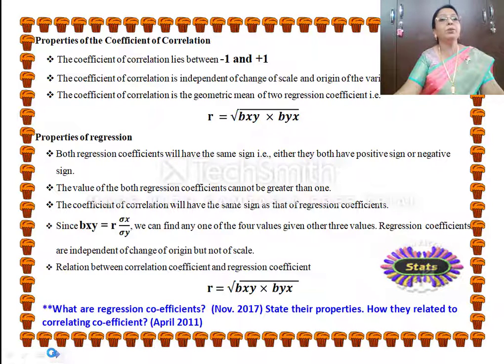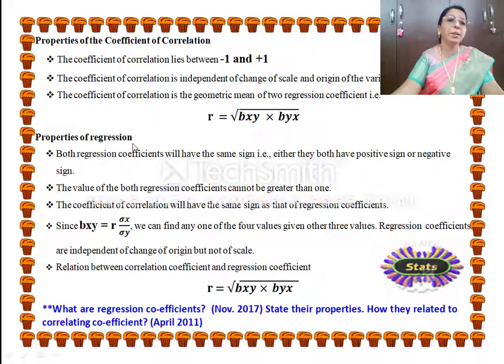Now the properties of the coefficient of correlation. The coefficient of correlation always lies between +1 and -1. The coefficient of correlation is independent of change of scale and origin of the variables x and y. The coefficient of correlation is the geometric mean of two regression coefficients, that is, r is equal to root of bxy into byx.